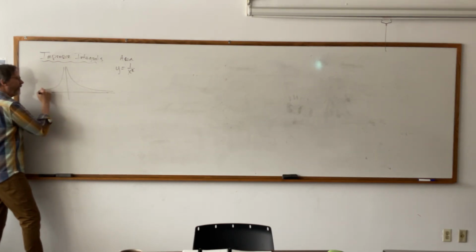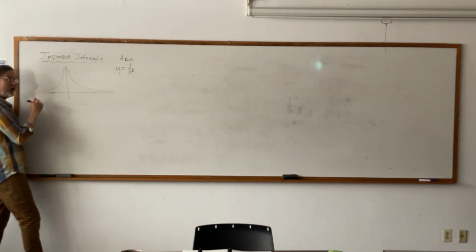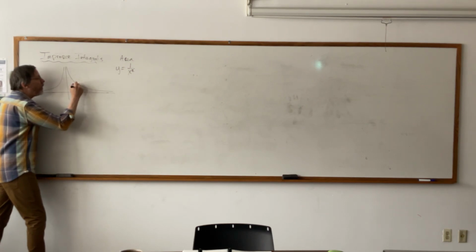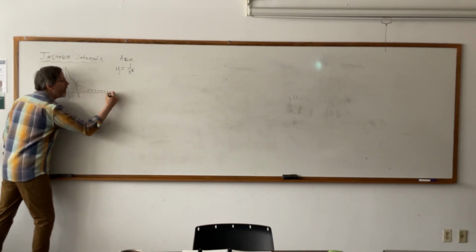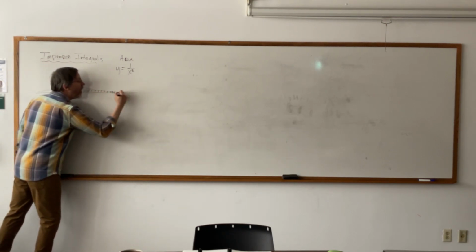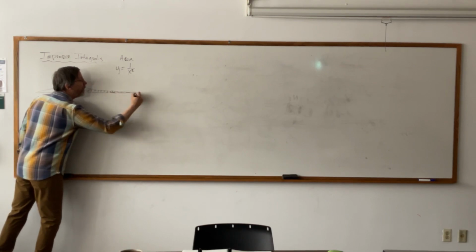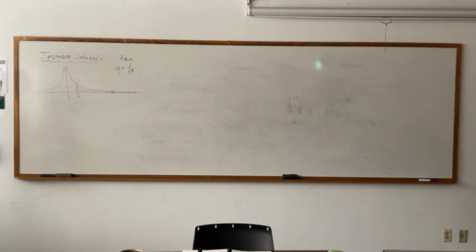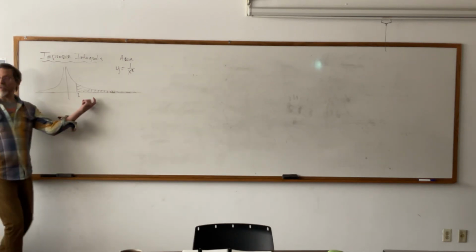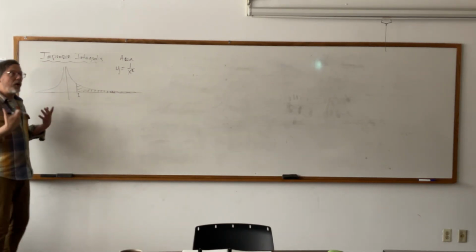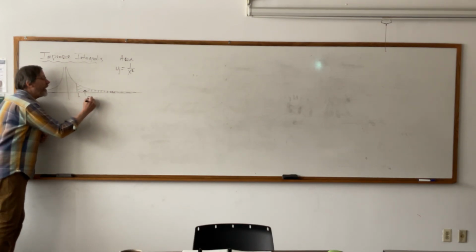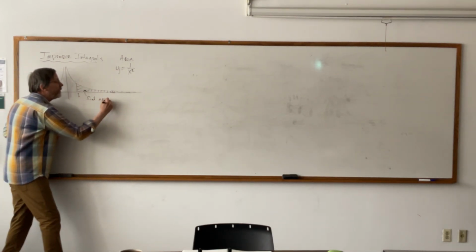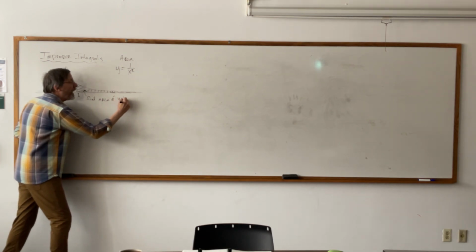What if I wanted to find the area from 1 all the way out forevermore, and that never ends? That's an asymptote, right? So this is asymptotic behavior here. And what if I wanted to find this area? So find the area of this unbounded region.